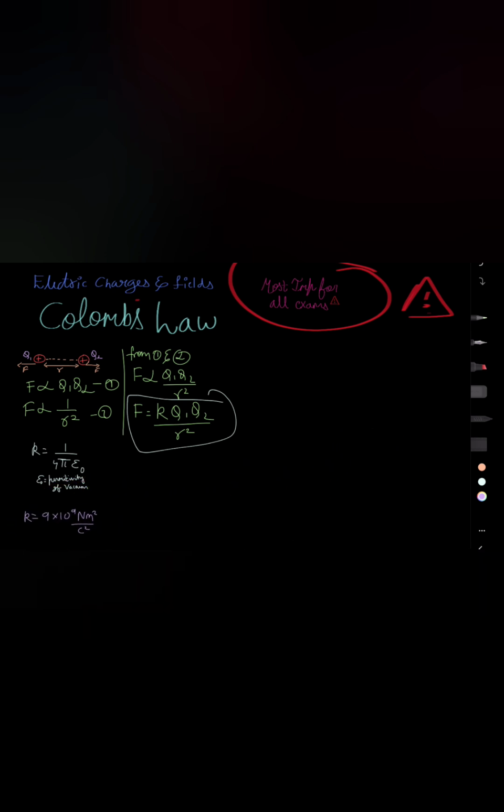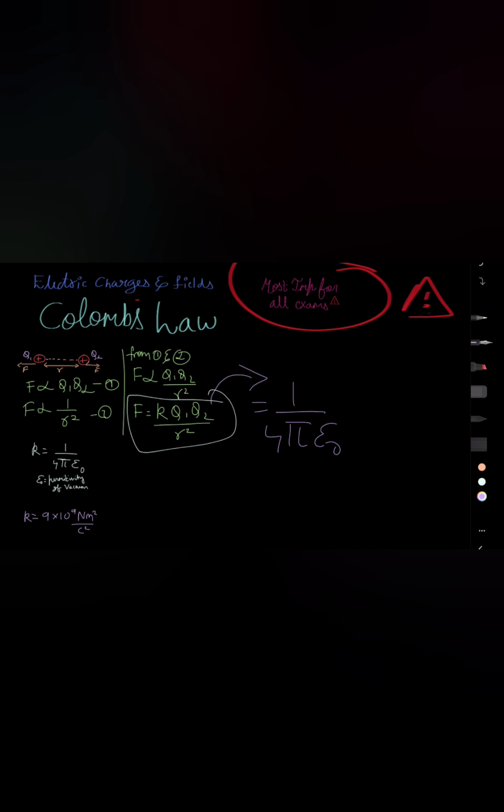It is a constant. Now I can write k as 1 by 4 pi epsilon naught. What is epsilon naught? It is the permittivity of vacuum.